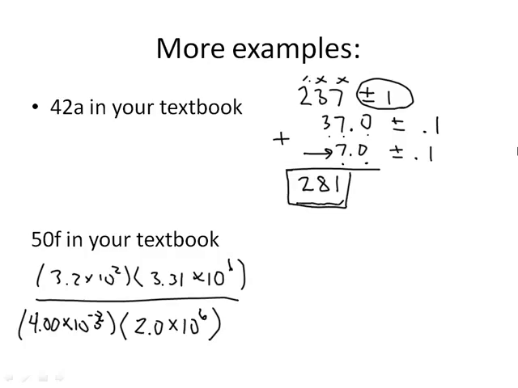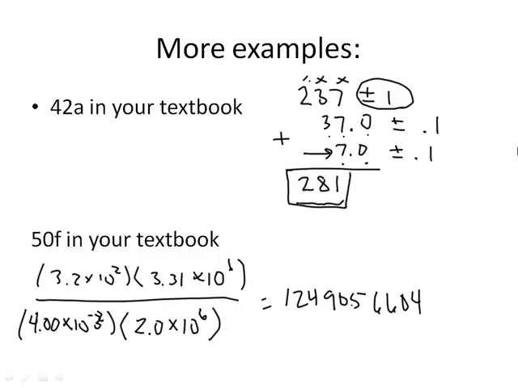Whole thing is divided by 4.00 times 10 to the negative third, and also divided by 2.0 times 10 to the sixth. And when I get done just doing the straight up math on my calculator, I get 1,249,5,6,604, which is nice, but that's a lot of significant figures.